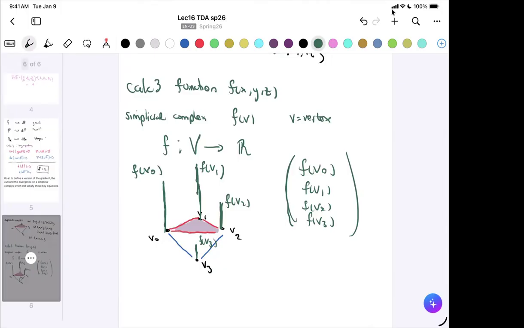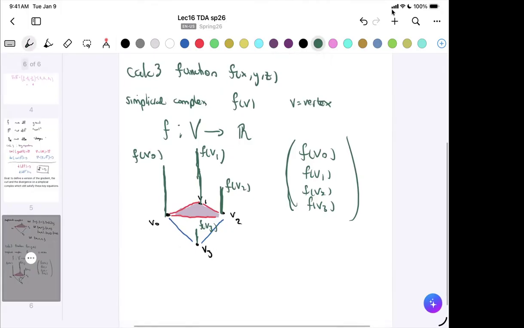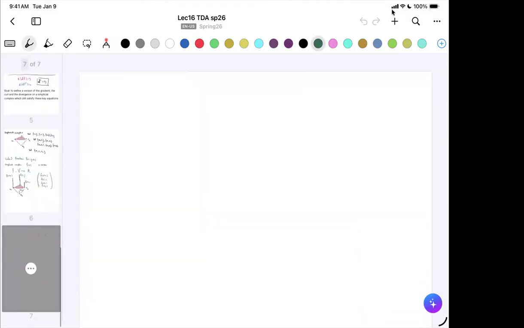And in Calc 3, the gradient would have been a vector field, right? So we already know the definition of the gradient in Calc 3. The gradient of f would be a vector field, so it is a vector at each point.